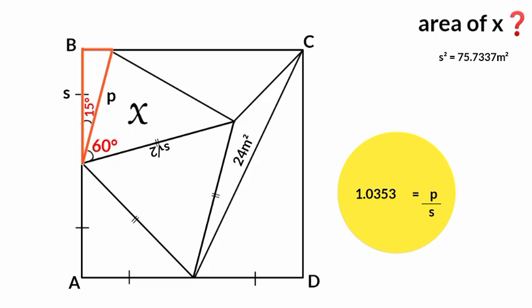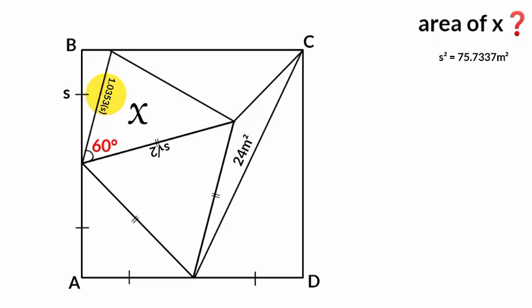So 1.0353 equals P over S. Multiplying both sides by S, 1.0353S equals P. That is, this side in terms of S is 1.0353S in length.